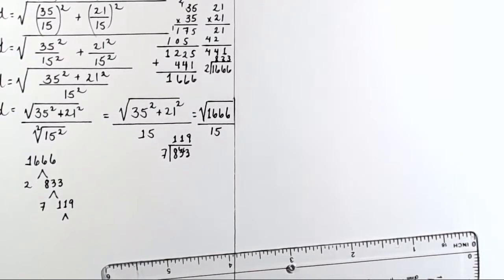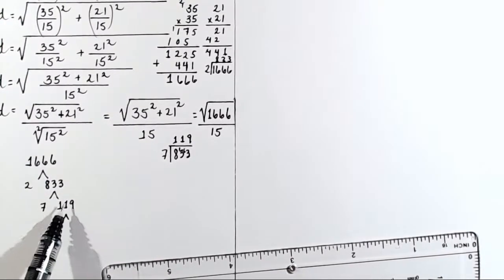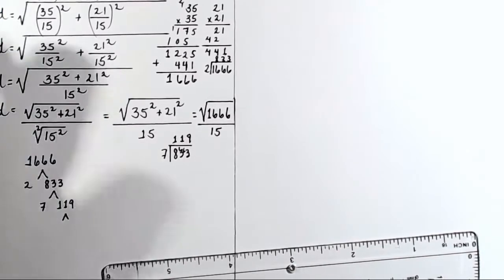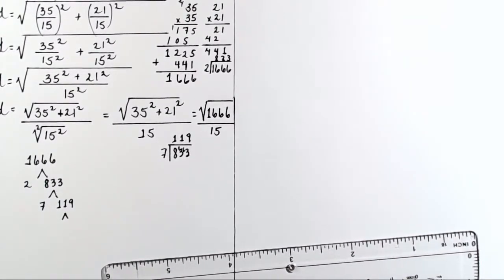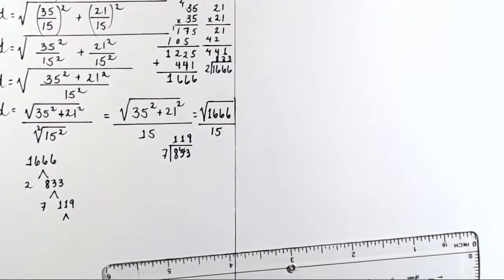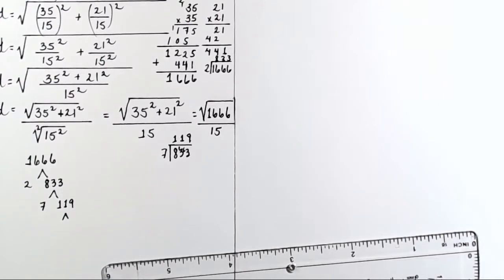It's not divisible by 2 because it's odd. Is it divisible by 3? 1 plus 1 is 2. 2 plus 9 is 11. So it's not divisible by 3 because 11 isn't divisible by 3. So we have to try other numbers.